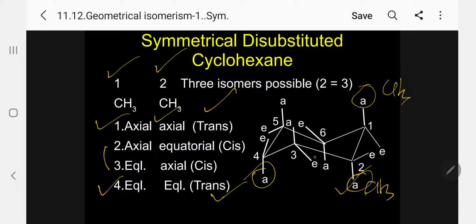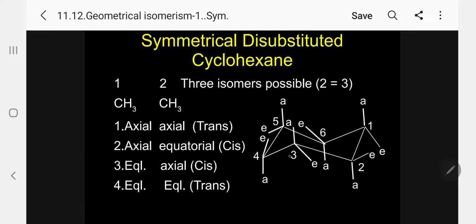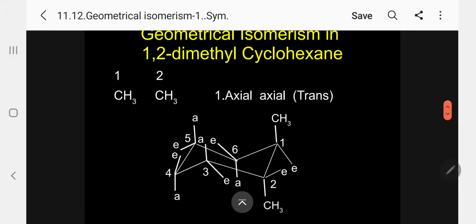So in the second example, 1 is axial, please follow, this is axial, and 2 is equatorial. Suppose here is equatorial, this is upward, here this is also upward, so it is cis. So I will explain with a suitable example, so you can understand.